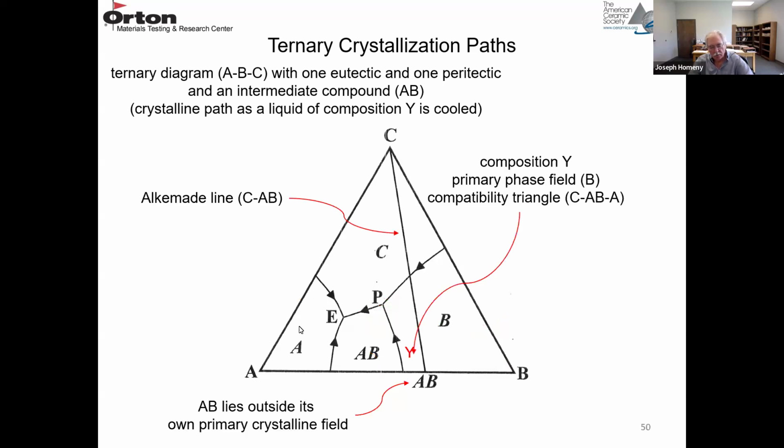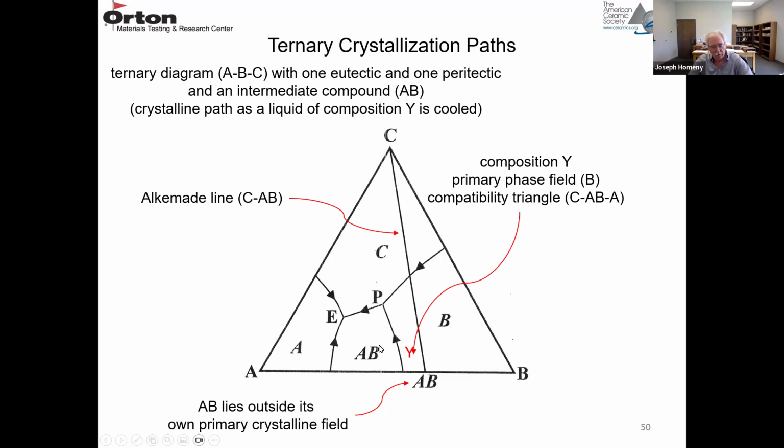So I just moved Y from up here to down here. So composition Y is still in the phase field B, and it's still in this compatibility triangle C, A, AB. And our alkemade line is still CAB.